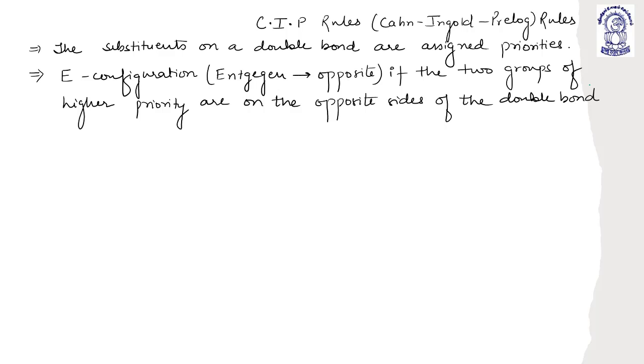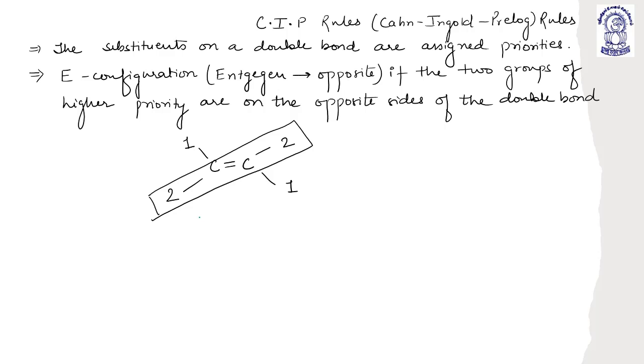Understood? Now I'll give you one example. This is a carbon-carbon double bond, and I am numbering the higher priority groups as 1 and 2. You can see they are on the opposite sides, the opposite plane. This is the E isomer.